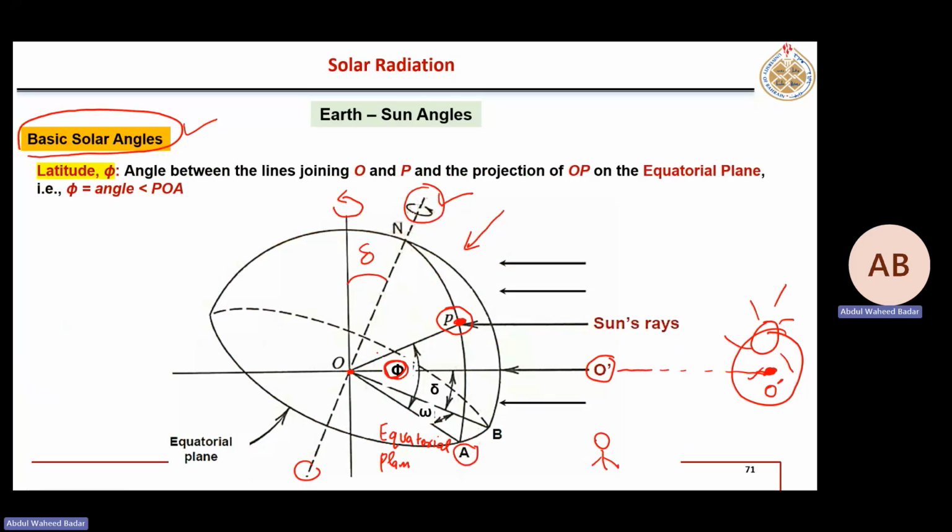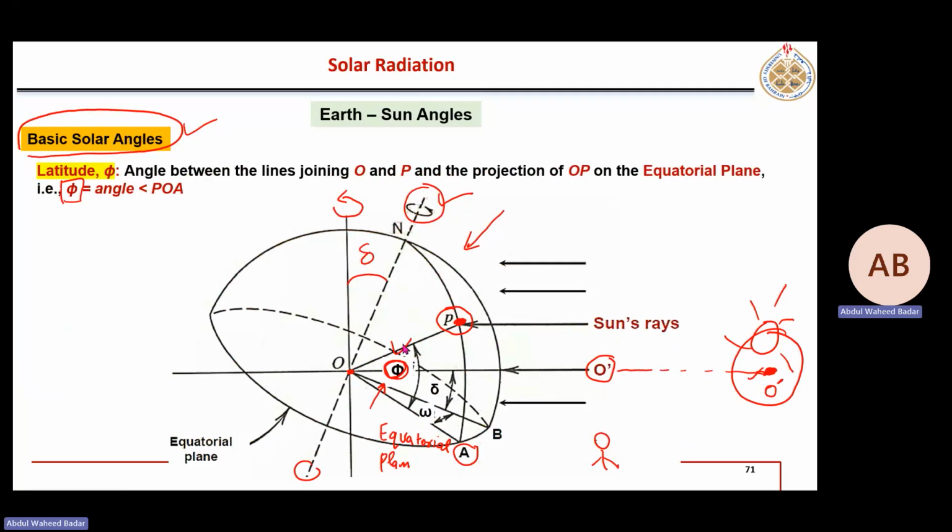The projection of OP on the equatorial plane is OA. So the angle between OP and OA is called latitude, and we are using this symbol phi in this course. Whatever symbols we are using, try to memorize them because you will need those equations to find the available or absorbed solar radiation. So that is the first angle, which is called latitude.